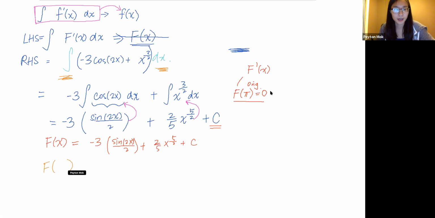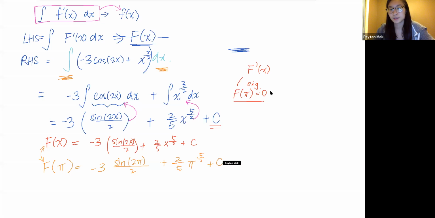So if I plug in pi here, because these two functions are equivalent, right? If I plug in pi as the x value here, I only have to sub in the x value as pi here. So we're having sine 2 pi divided by 2 plus this times pi to the power this plus c.